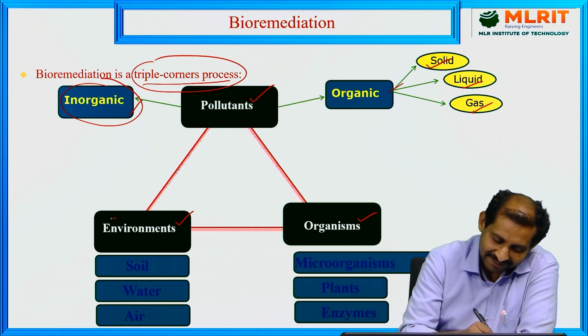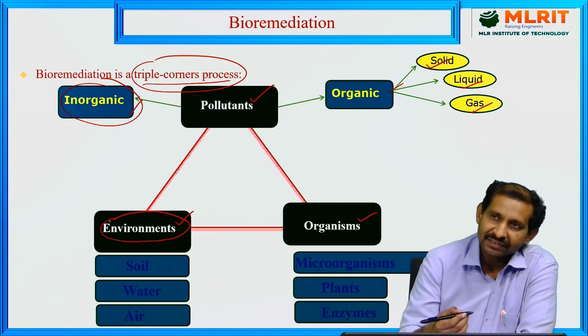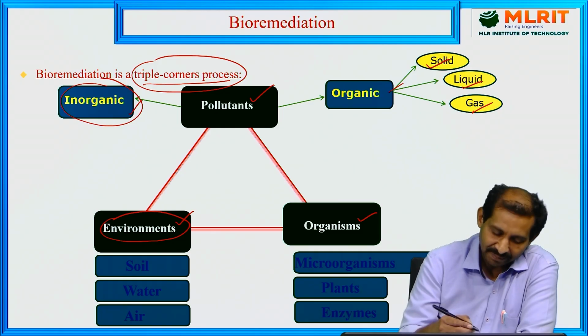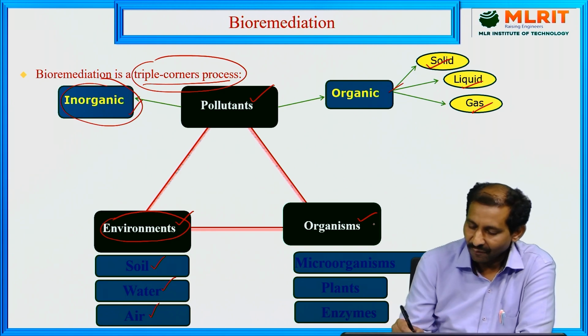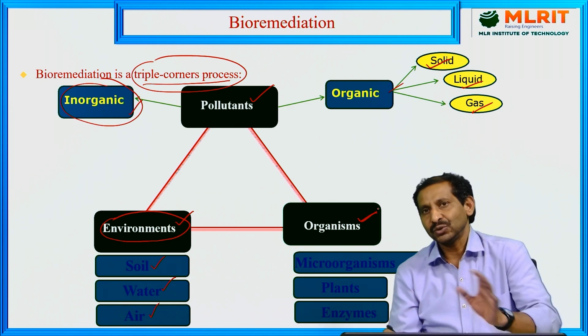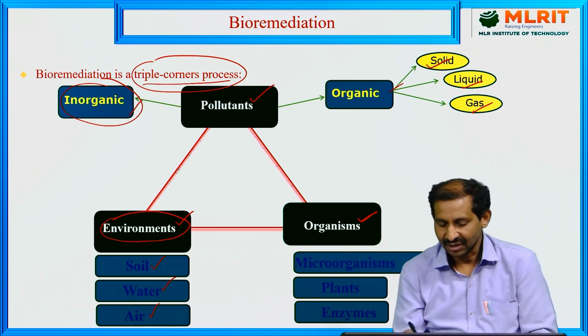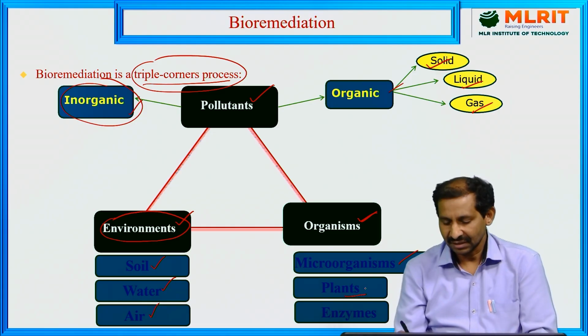Now coming to the environment. Where will the pollutants generally be? We can remove them in soil, water or air. What type of organisms will generally be used for the bioremediation? Microorganisms, plants, plant extracts or enzymes.